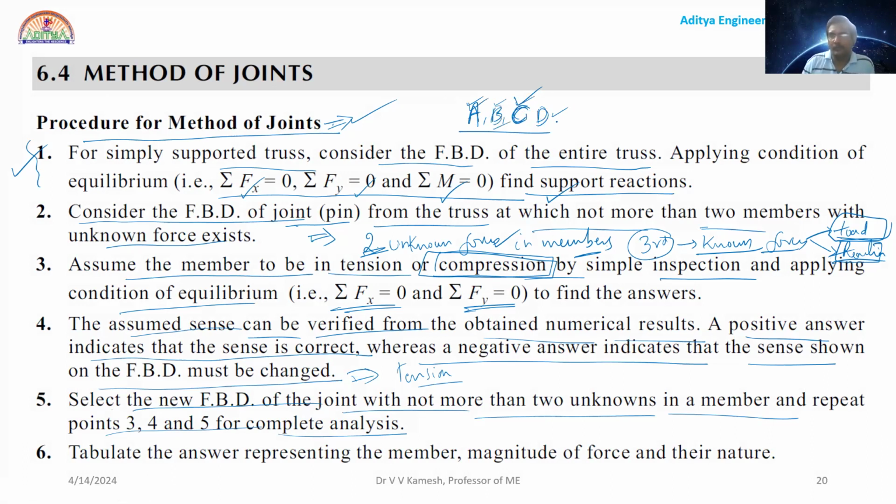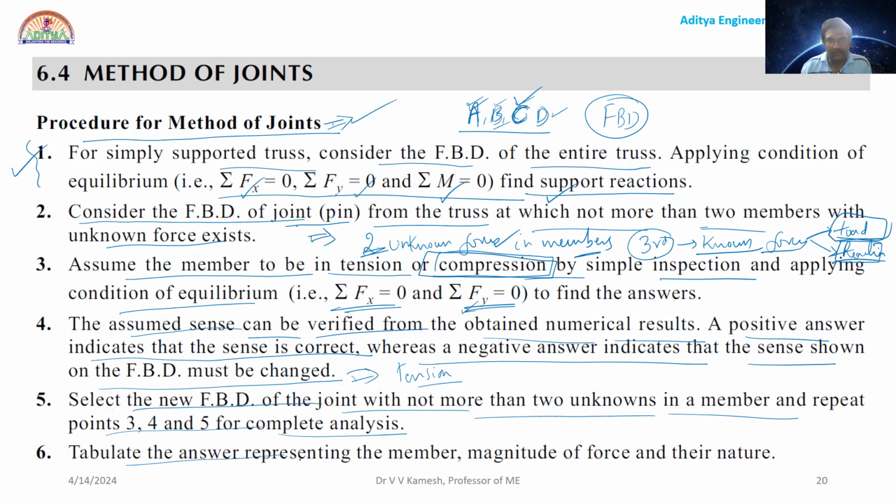So one by one, you complete all the joints. Free body diagrams of all the joints will be considered. This problem is a simple problem of resolution of the forces and applying the conditions of equilibrium, sigma Fx = 0, sigma Fy = 0. You know very well.